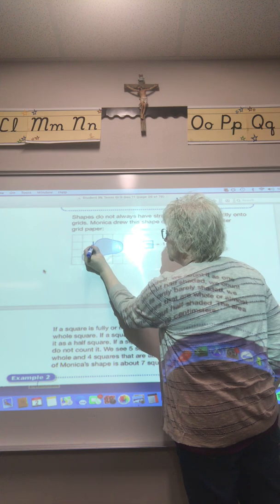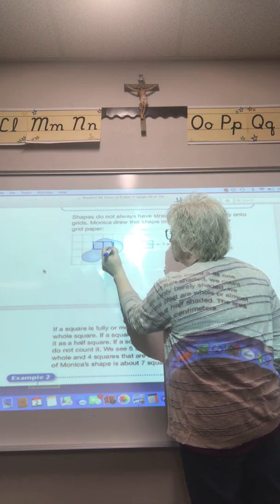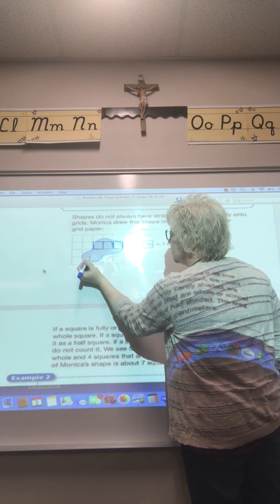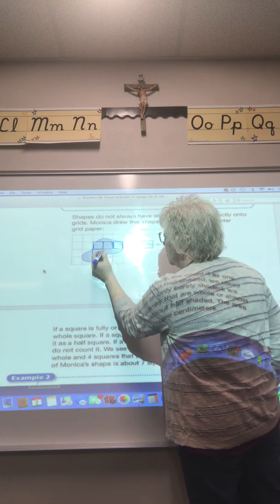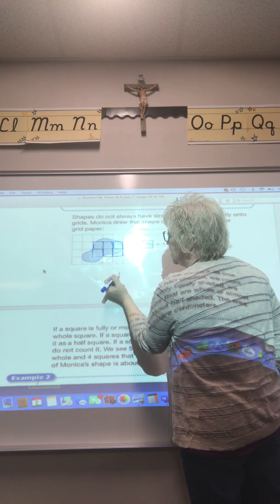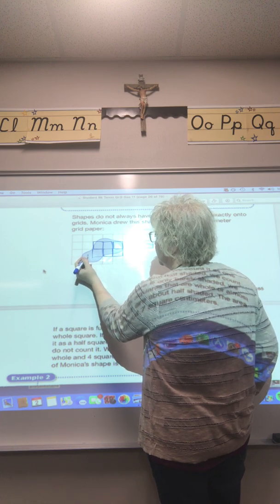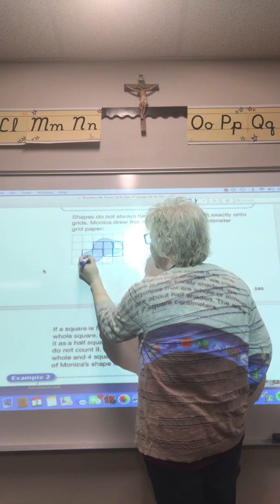So here's one that's about all the way whole. 2, 3, 4, 5, 6, and then we might combine these in a different way too. We might say this would make 7.